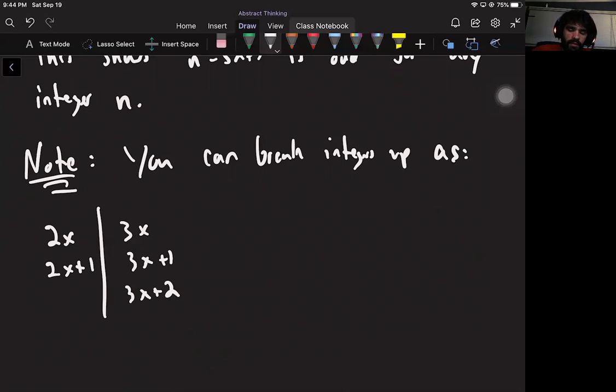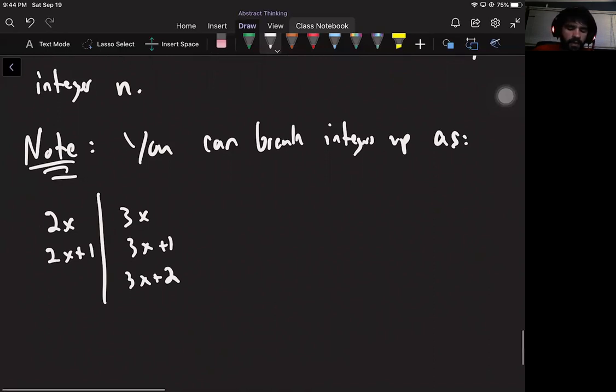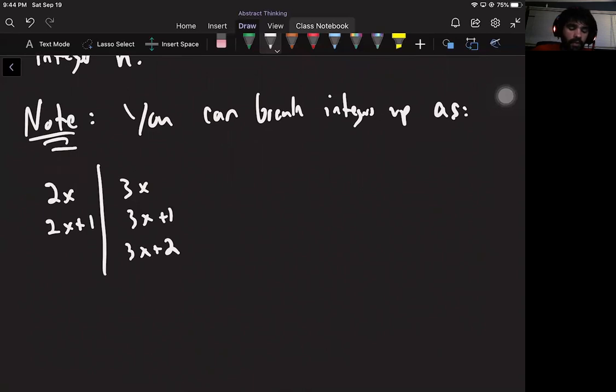If you're dividing by 2, there's even and odd. But if you're dividing by 3, there's not just divisible versus not divisible. There is remainder 1, remainder 2, or no remainder, which is divisible by 3.